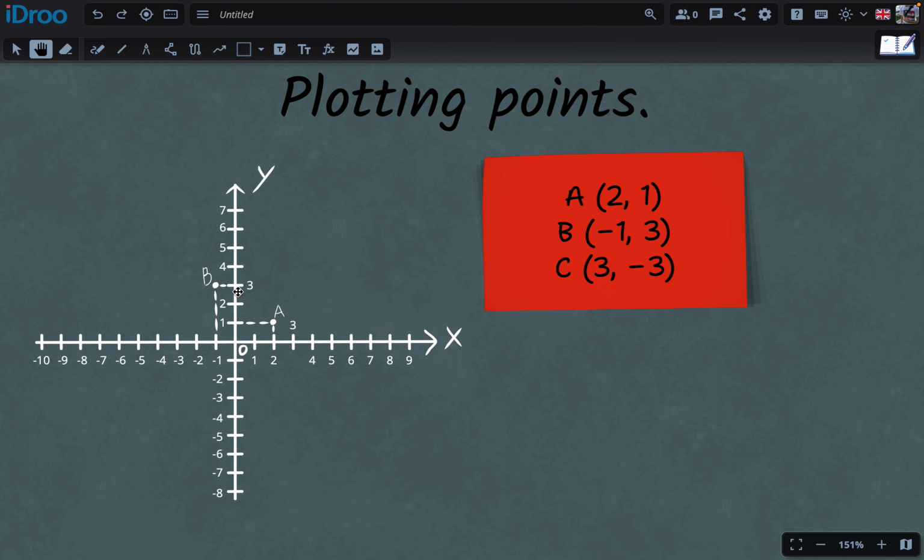Our second point is B, and we move left because it's -1 here in the x, and our y is 3.